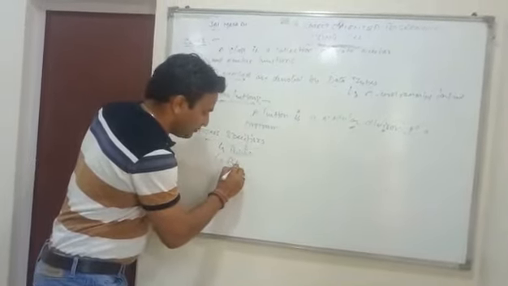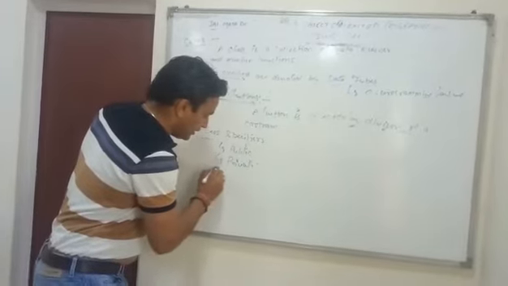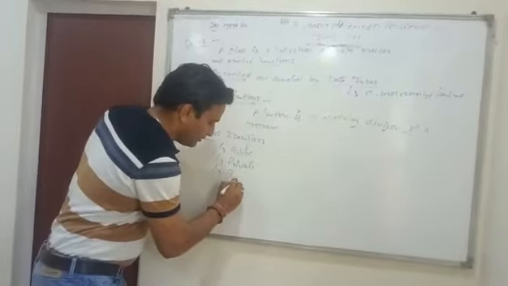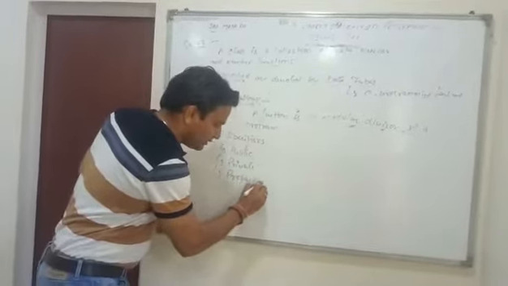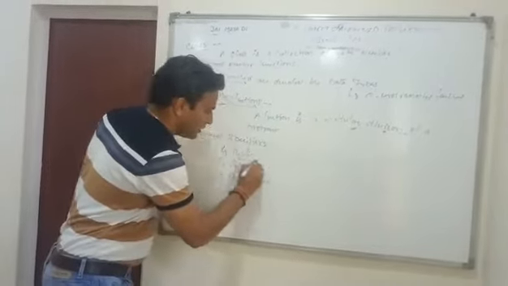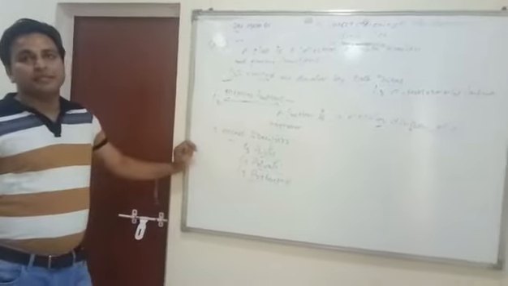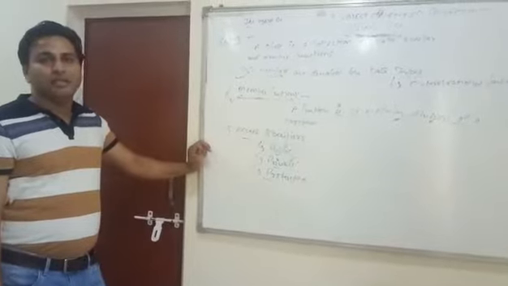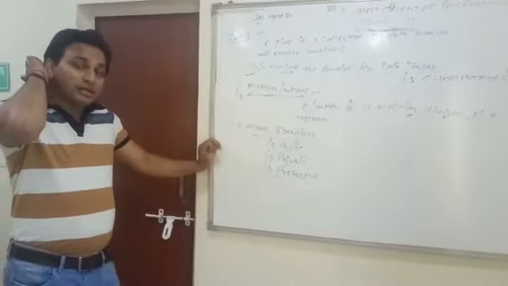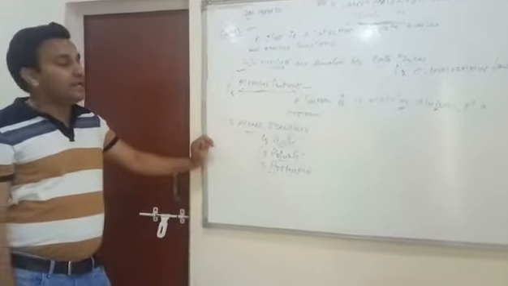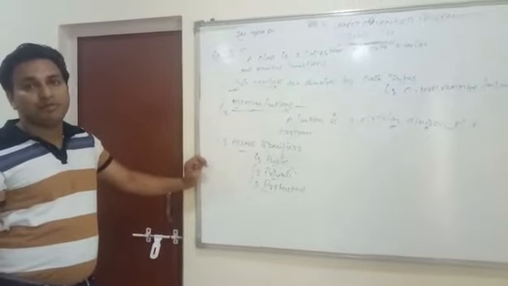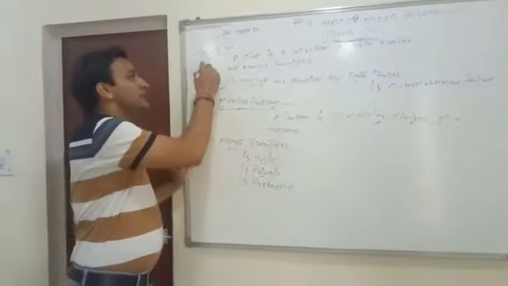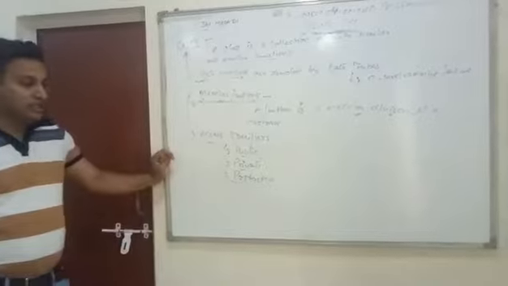Second, private. And third is protected. There are three kinds of access specifier used to give the right to access any kind of data member or a member function of a class.